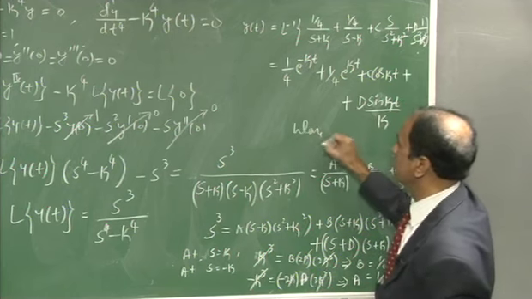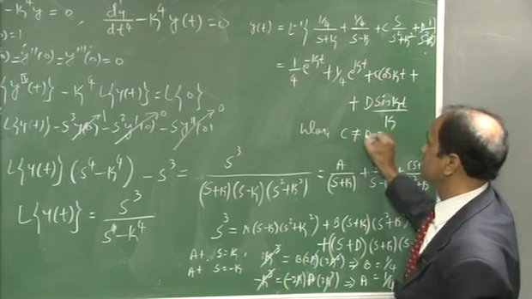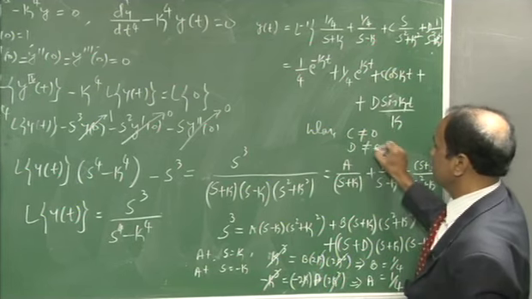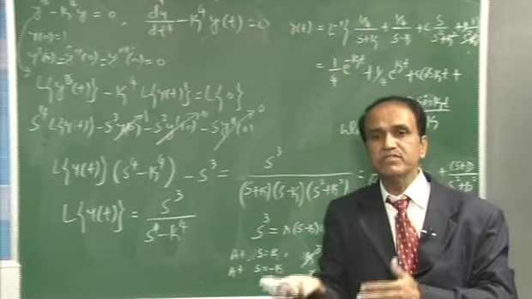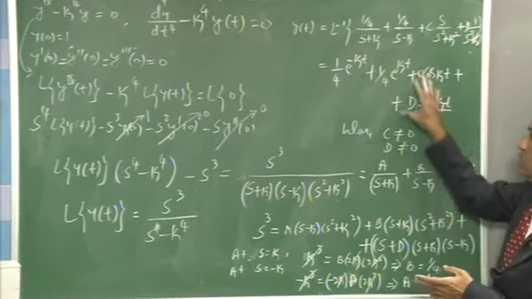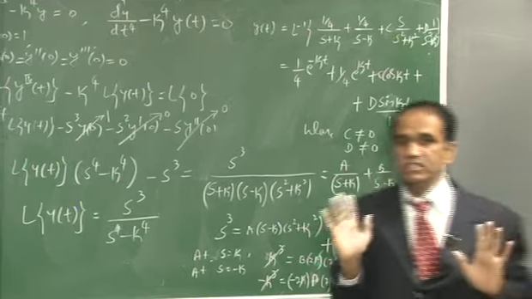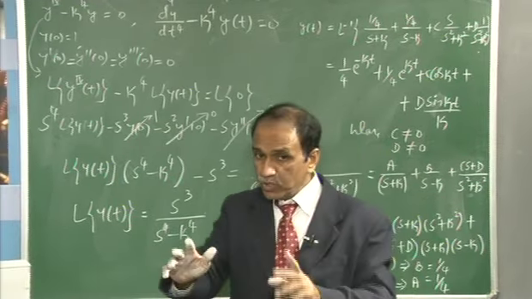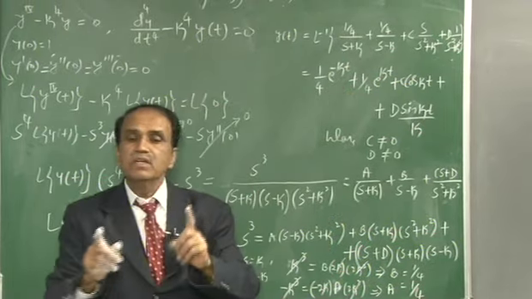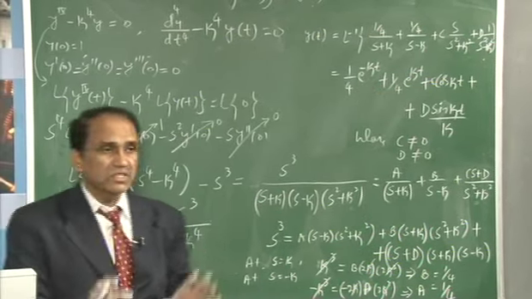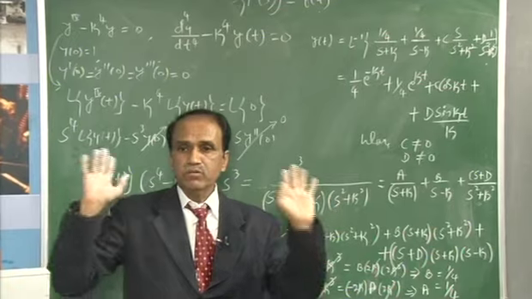When I am claiming like this, C is not equal to 0, D is not equal to 0, I do not know, because in the comparison you will get the answers. If any one of these two is leading to 0, then eliminate that term and write the answer in the presence of the other term. Both will not be 0, you remember, at least one of those two constants will not be 0, and if another one becomes 0, remove that term and then add one more term.